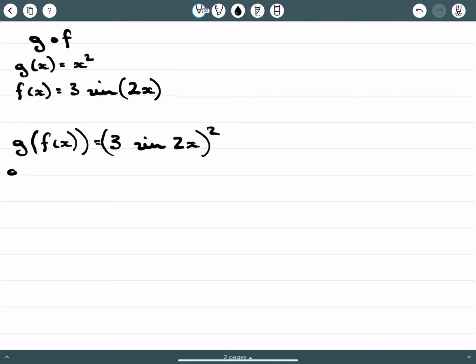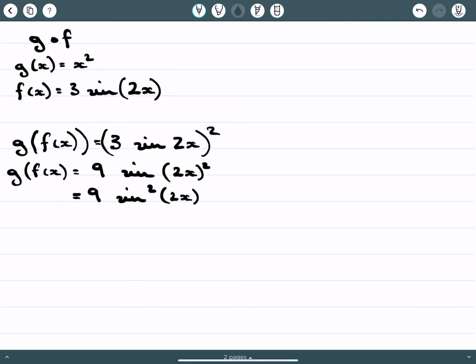Now I can do a little bit further work with this and just expand it: 9 sine squared 2x. We would write that in a more valid way. Okay, that's what our function should look like.